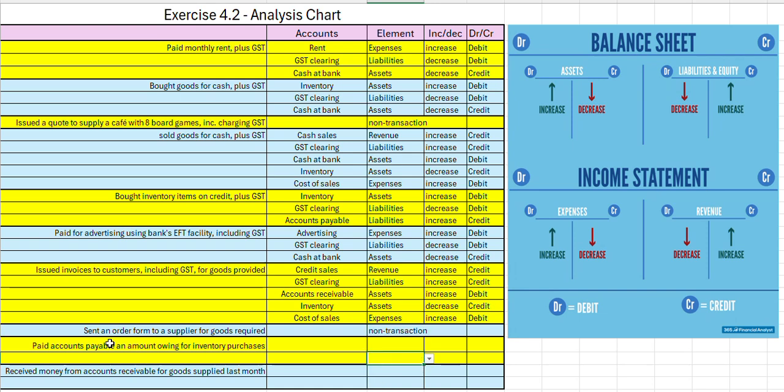Paid accounts payable, an amount owing for inventory purchases. So this goes back to this one here where we've bought some inventory on credit, which created an accounts payable. Now we are settling up with our supplier. So therefore, our accounts payable is being decreased.